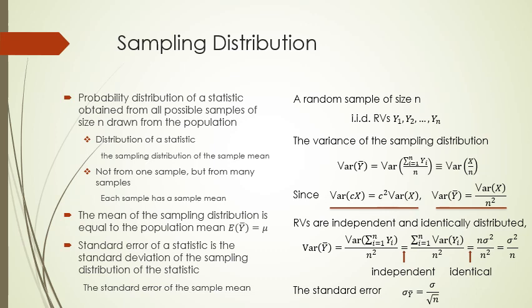The variance of the sampling distribution is inversely proportional to n when the population variance is known. In the next lecture, we will learn why the sampling distribution of the sample mean is important and how we use the sampling distribution instead of the joint distribution to make inference.